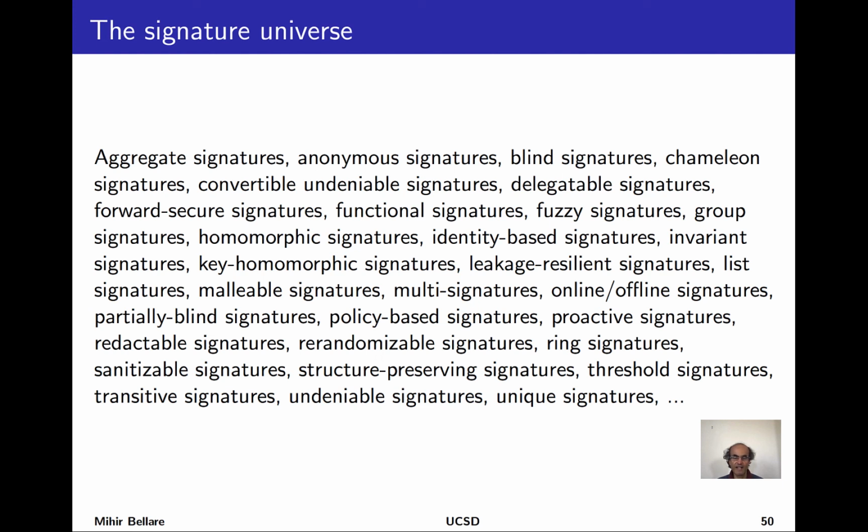And I wouldn't have an exhaustive list, but already here you can see many types of things: aggregate signatures, anonymous, blind, chameleon, convertible, delegatable, forward secure, functional, fuzzy, group signatures, homomorphic, identity-based, invariant, keymorphic, leakage-resilient, link, list signatures, malleable, multi-signatures, online, offline, partially blind, policy-based, proactive, redactable, re-randomizable, ring signatures, sanitizable, structure-preserving, threshold, transitive, undeniable, unique, and like I said, the list isn't complete.